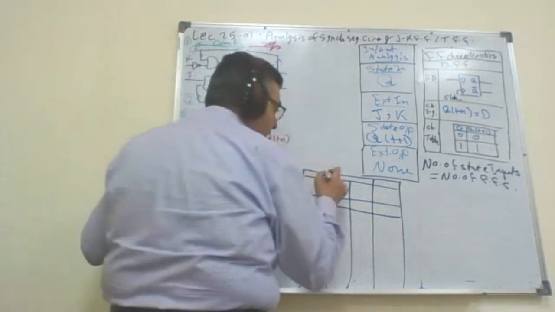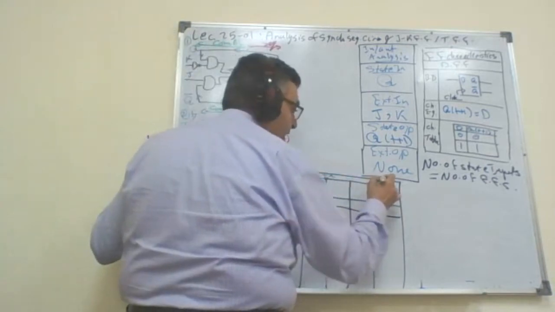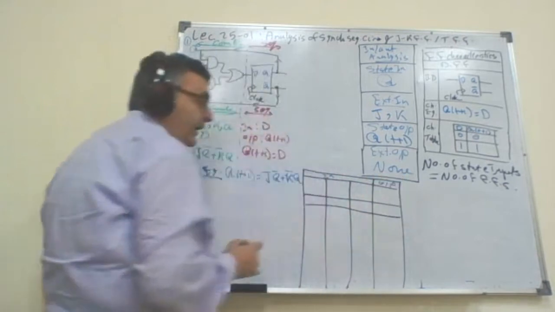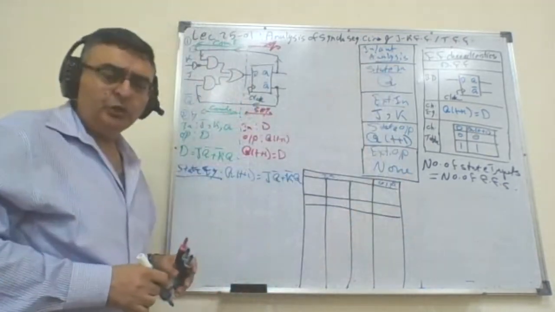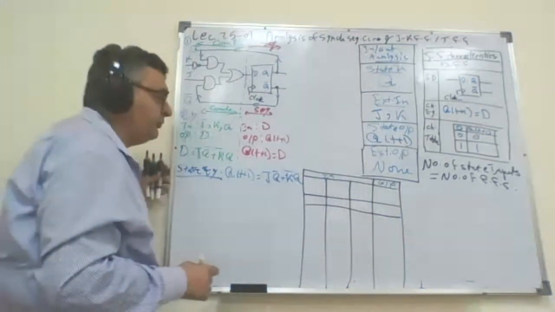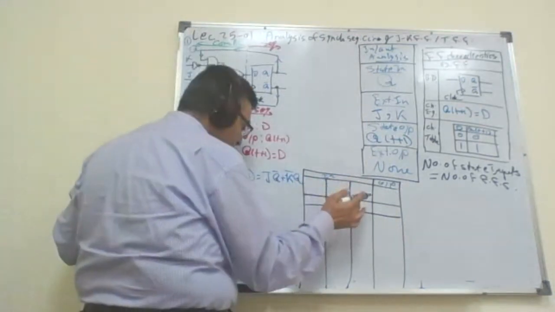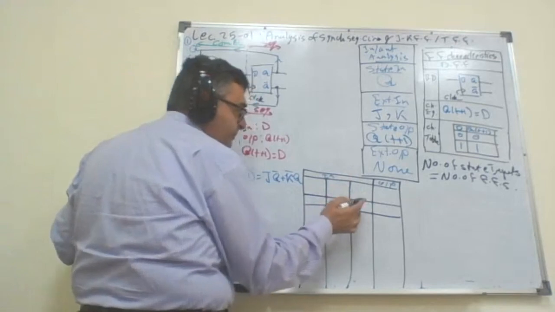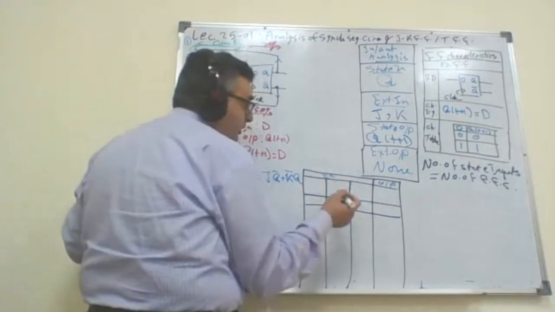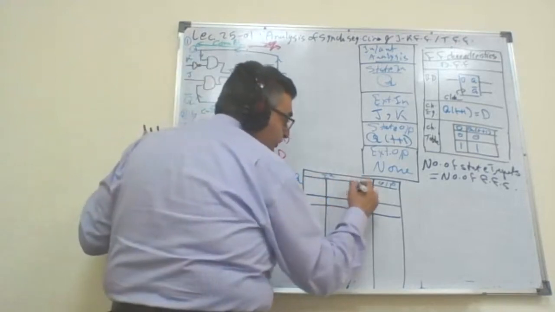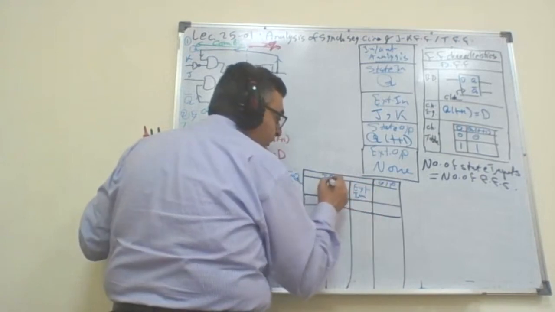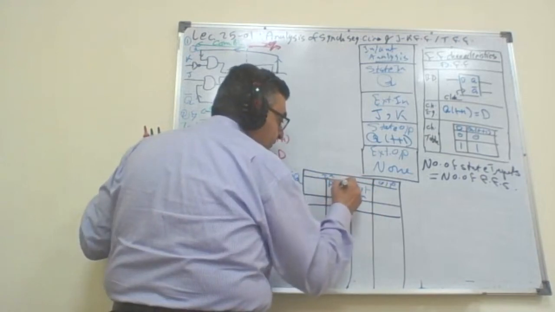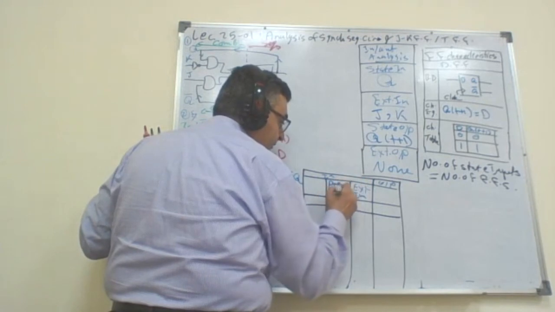Now I have input, I have output, and as we agree from this table, I can identify two types of inputs. What are the two types of inputs? The two types of inputs are the external inputs and the present state.